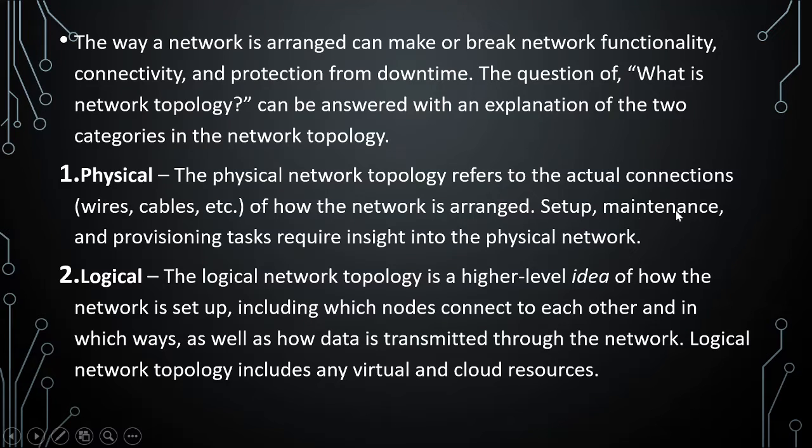Set up, maintenance, and provisioning tasks require insight into the physical network. The logical network topology is a higher-level idea of how the network is set up, including which nodes connect to each other and in which ways, as well as how data is transmitted through the network. Logical network topology includes any virtual and cloud resources.